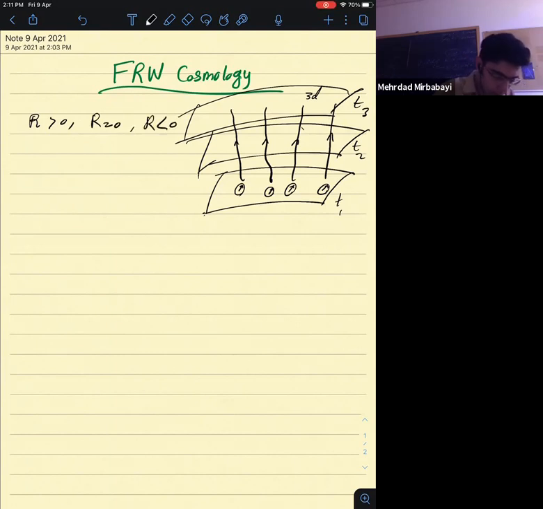If it is positively curved, we call them closed or spherical, because at least locally, they are equivalent to a 3 sphere. When R is 0, we call them flat, so locally, they are the same as the Euclidean space, R3. And then if R is negative, then they are called open or hyperbolic.